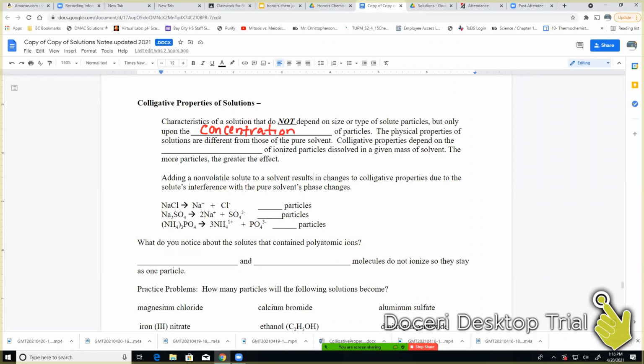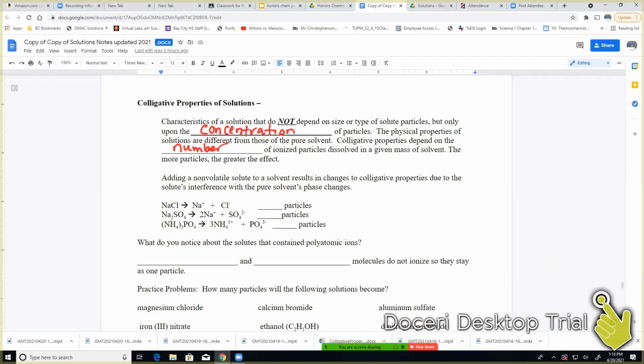The physical properties of solutions are different than those of the pure solvent. Colligative properties depend upon the number of ionized particles dissolved in a given mass of solvent. The more particles, the greater the effect.